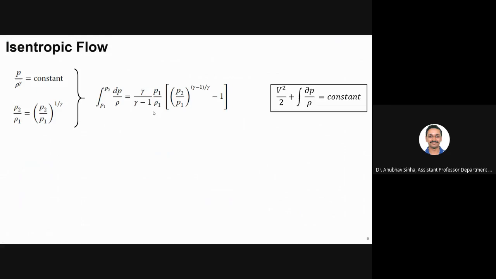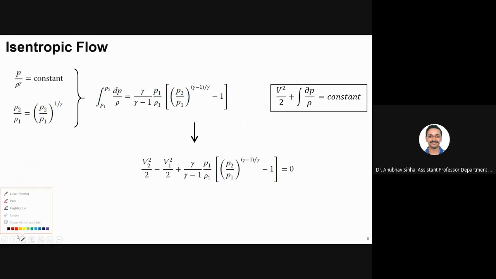Now, from Bernoulli, we know this relation, what we derived in the last slide. If I substitute dp by rho into the Bernoulli equation, can I write it in these terms? Basically, v square by 2 plus this is equal to constant.